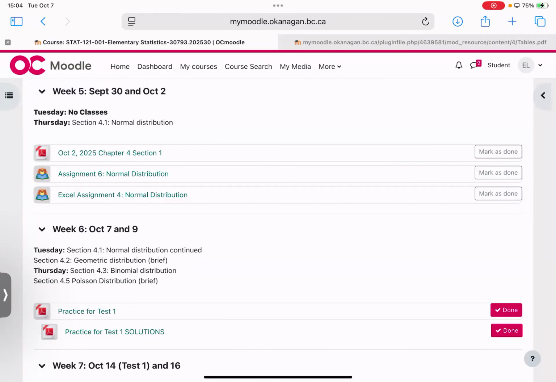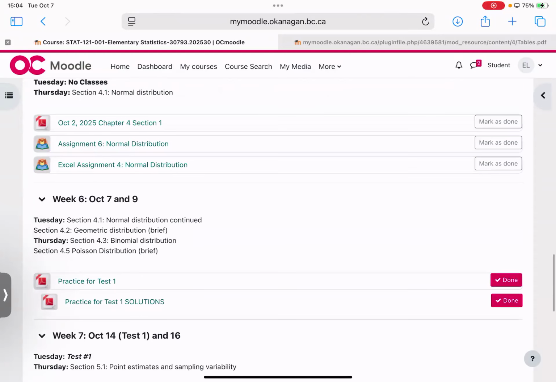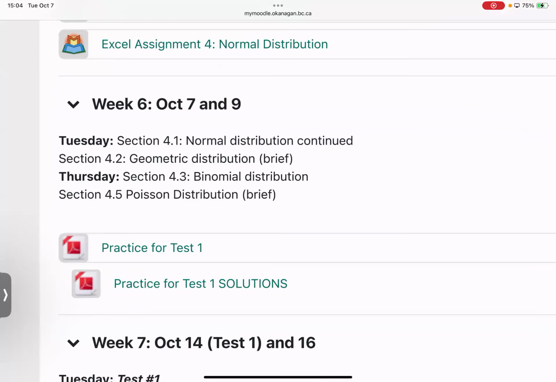Cross it off your list. Any questions about those assignments now that I've said we're going to keep covering it? After today, you'll be able to do it. If you tried it, good for you, that's great. But we'll keep working through section 4.1 today.